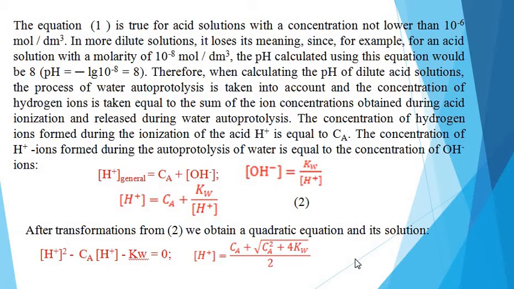Therefore, when calculating the pH of dilute acid solutions, the process of water autoprotolysis is taken into account, and the concentration of hydrogen ions is taken equal to the sum of the ion concentrations obtained during acid ionization and released during water autoprotolysis. The concentration of hydrogen ions formed during the ionization of the acid is equal to the concentration of acid.